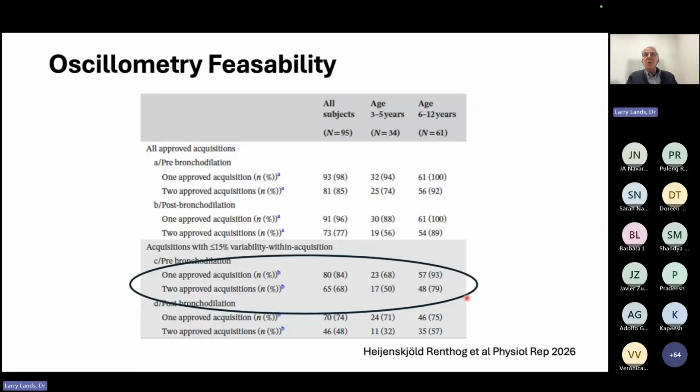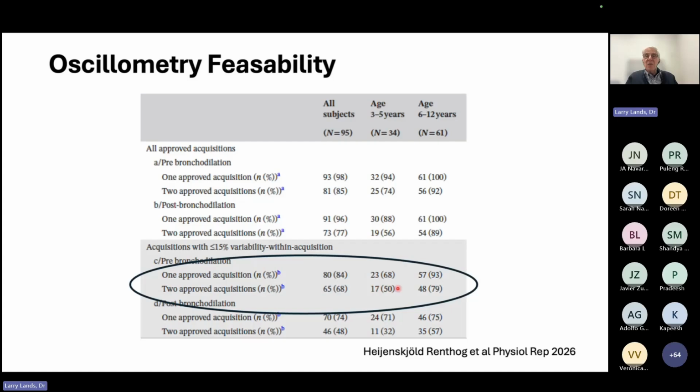So is it feasible to do in young children? This was with 1 trial, and here is with doing 2 trials. It's generally reproducible. Very easy to do in the school age group, the 6 to 12-year-olds.